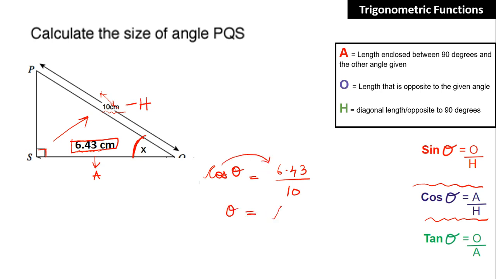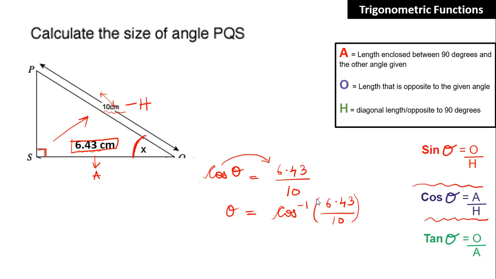So my theta, or the x, is cos minus 1 of 6.43 over 10. We've already discussed why cos is becoming cos inverse. If you still have any confusions, you can drop down your problems in the comment section below, and then we'll look at these.